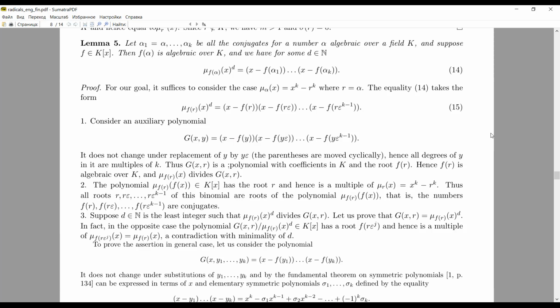In order to do this, we consider the following polynomial in the point x, the composition of minimal polynomials for f of r and f of x. This polynomial has coefficients over k, obviously, and the root r. So it's a multiple of the minimal polynomial of r, that is the binomial x^k minus r^k in this case. So all roots of this polynomial are roots of this composition. So we finish the proof of this point.